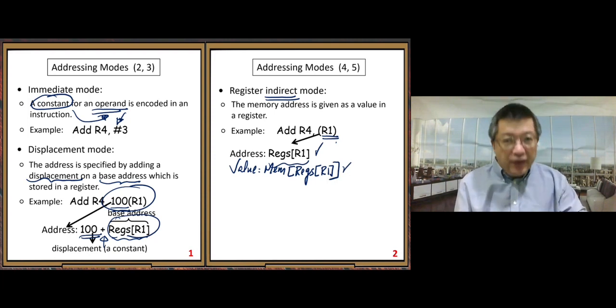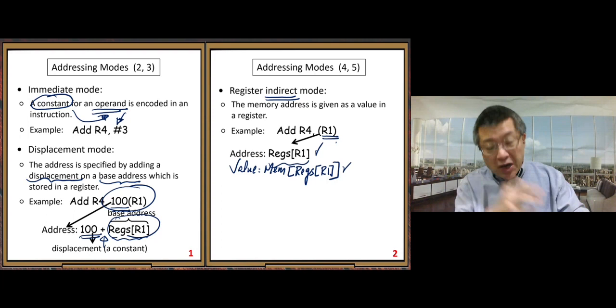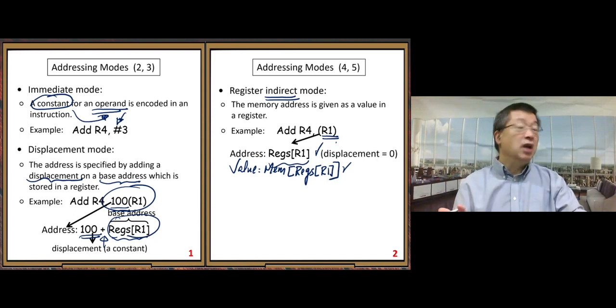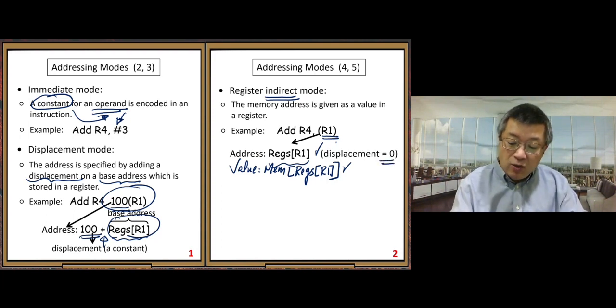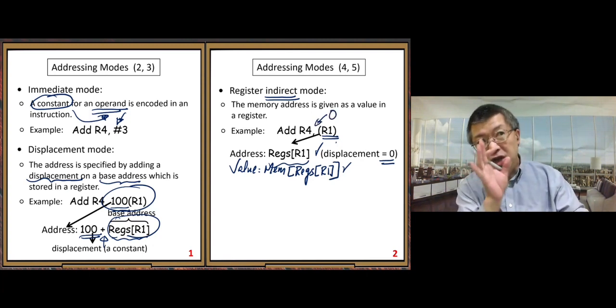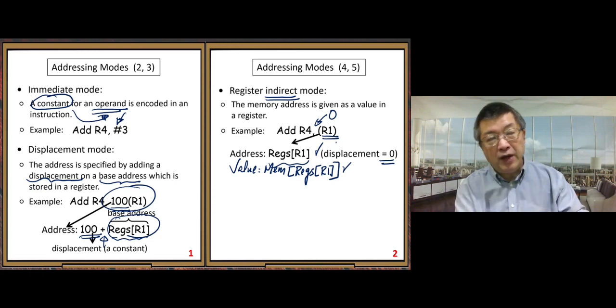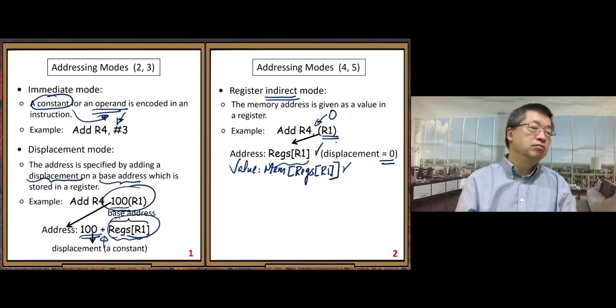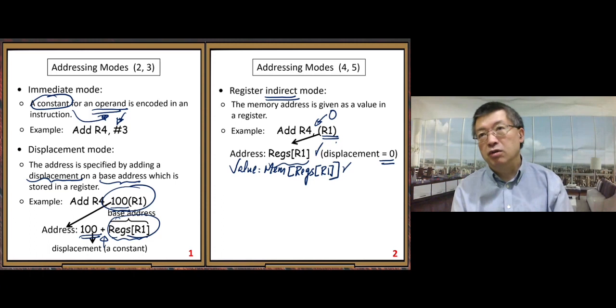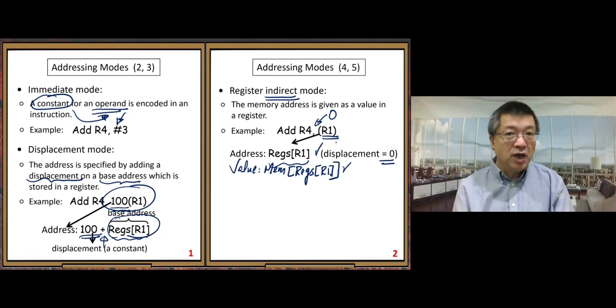But this addressing mode is a special case of the displacement mode, just displacement equals 0. You can imagine you put 0 ahead of that parenthesis. You can treat it as a special case of displacement mode.